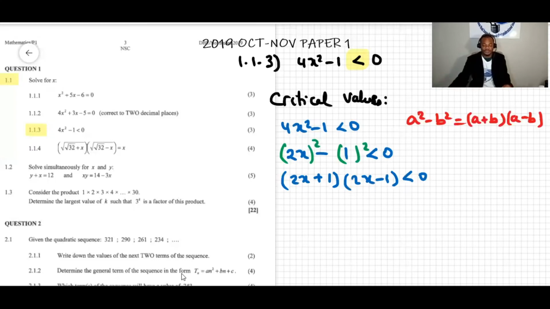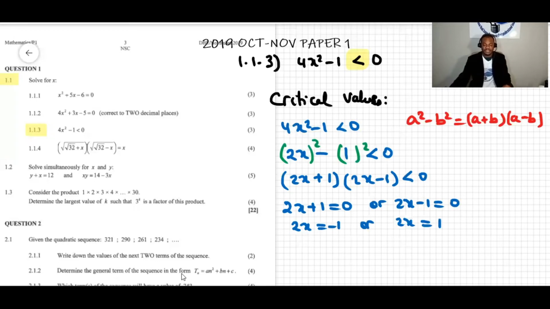Now, the critical values are found when we set 2x plus 1 equal to 0, or 2x minus 1 equal to 0. If we work out x, we have 2x equal to -1, or 2x equal to 1.